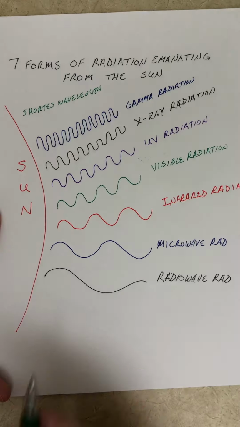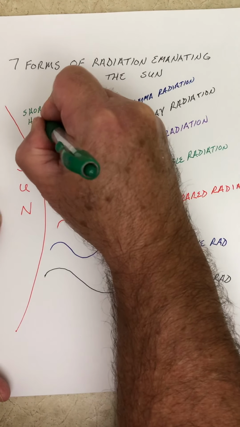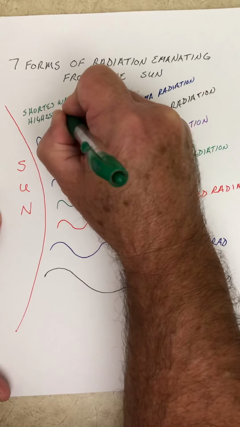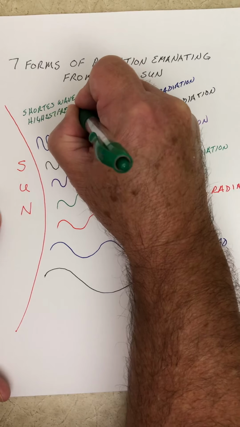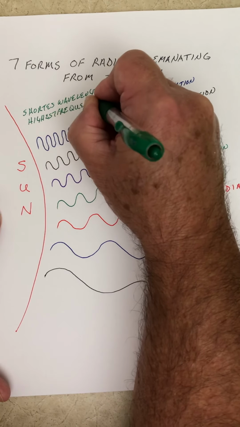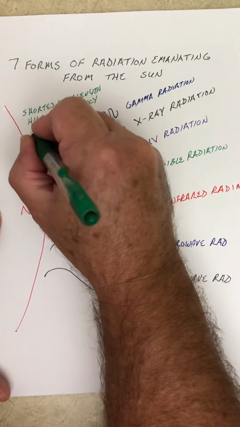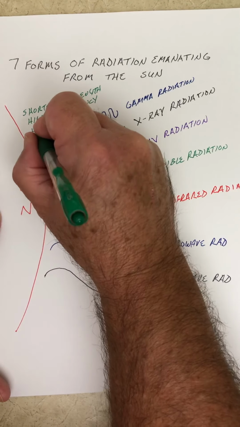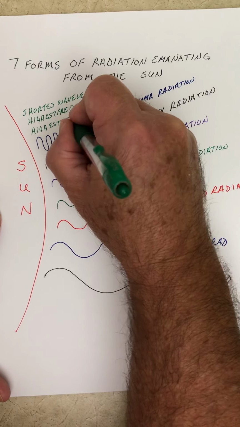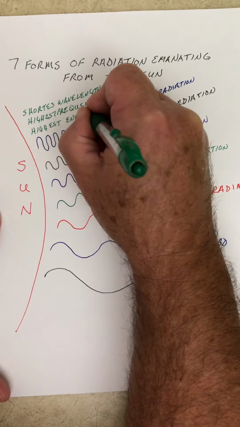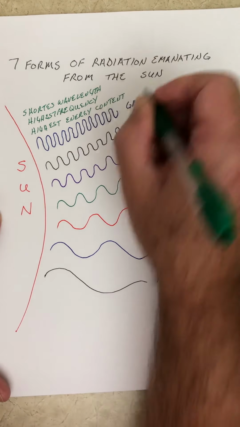Having the shortest wavelength, these are going to have the highest frequencies. Having the highest frequency, then these forms of radiation will have the highest energy content. And so these are the forms of radiation you need to have a healthy respect for.